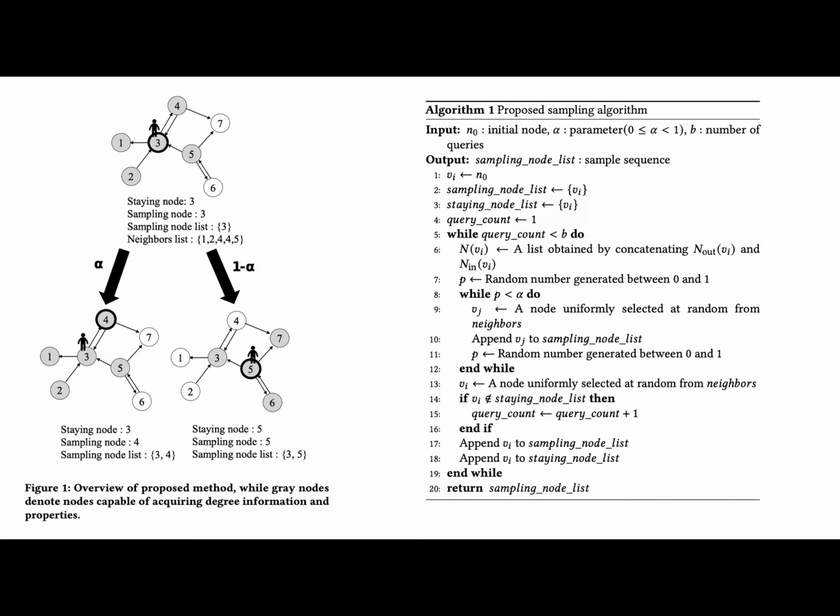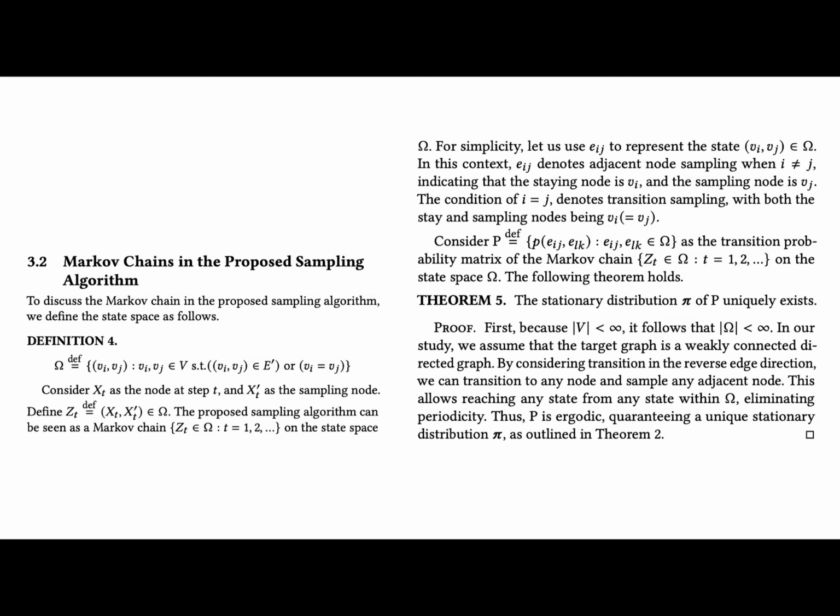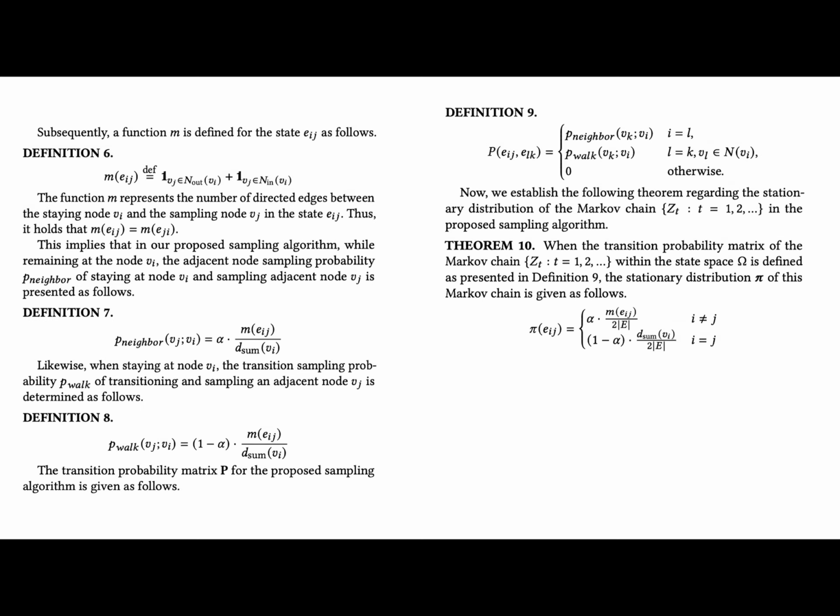So the input of the algorithm is just the initial node, but the output is the sampling node list. So there are some definitions of probability of neighbor and probability of walk.